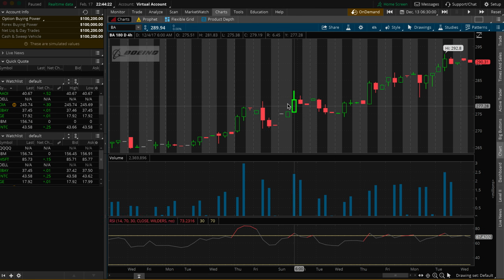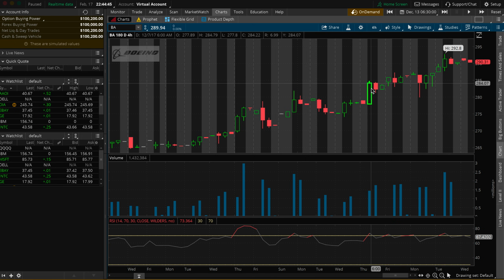So I'm using candlesticks, and you could tell they're candlesticks because they look like candlesticks. Green means that it opened, well, the candlesticks means that, like for this one's green. This one opened at 277 and it closed at 284.